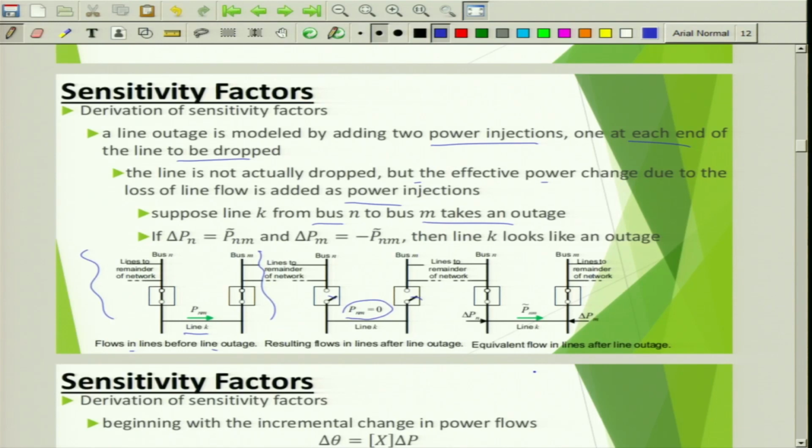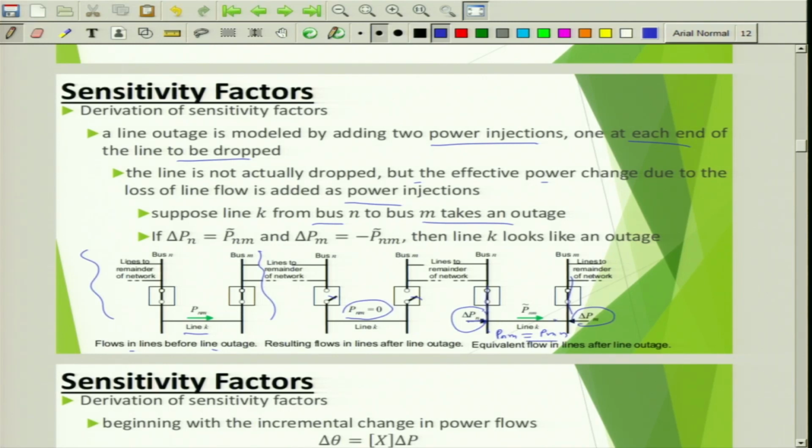This can be represented as a change in injection, that is delta Pn, and there is an opposite injection at bus number M, equal in amount but opposite in sign. Though this is connected virtually, actually there is no power flow happening, because PNM is cancelled by PMN.